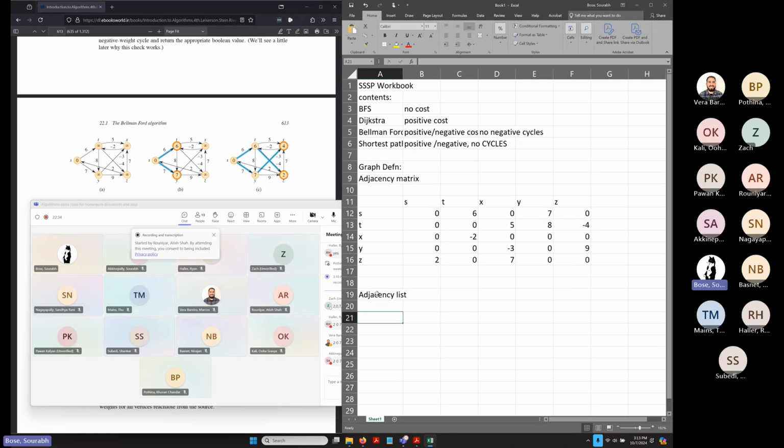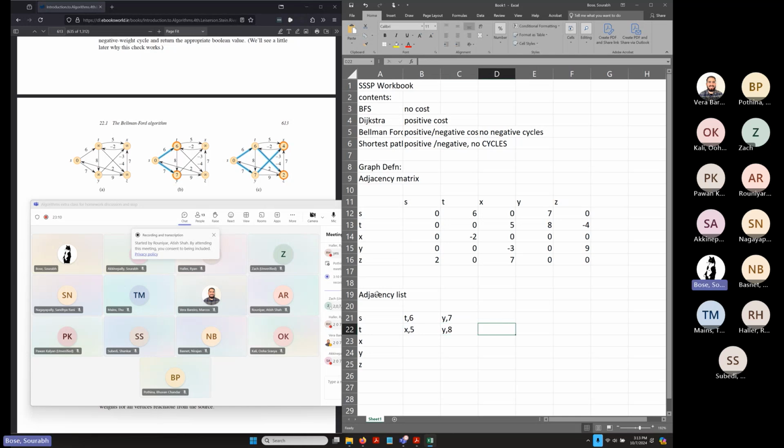The adjacency list representation is again all vertices listed out. I am going to follow the same ordering, X, Y, Z. And each of those entries contain the list of edges to their outgoing child nodes. So for example, we will have for S, T comma 6, and we'll have Y comma 7. For T, we will have X comma 5, Y comma 8.